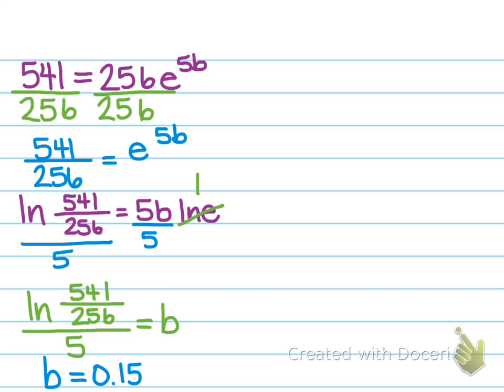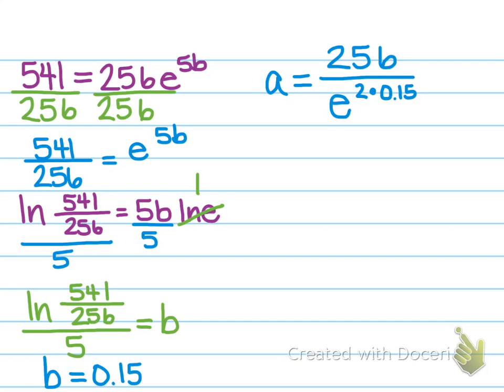So now that I have the rate at which this bacteria is growing, I need to find the initial amount for the bacteria. So that's our A equation that we had earlier. So I plug in b for A: 256 over e to the 2 times 0.15 power.